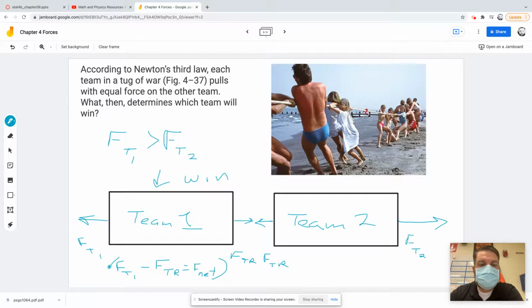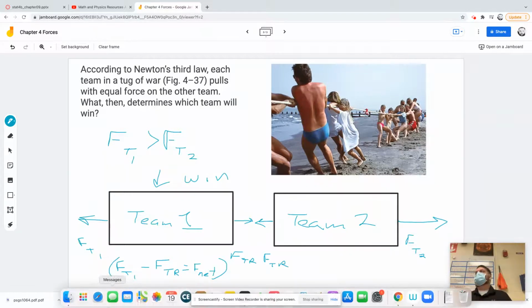In other words, remember that has to do with force equals mass times acceleration. So the acceleration, or the rate at which they move, is based on the difference between the force that Team 1 pulls with, minus the tension between the two teams.